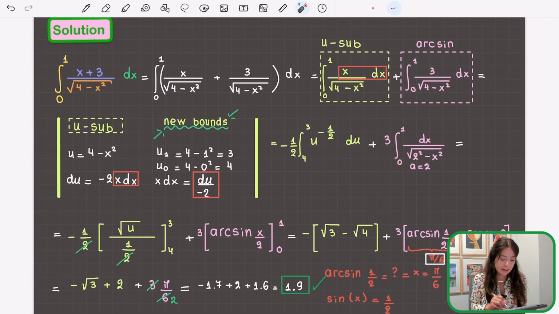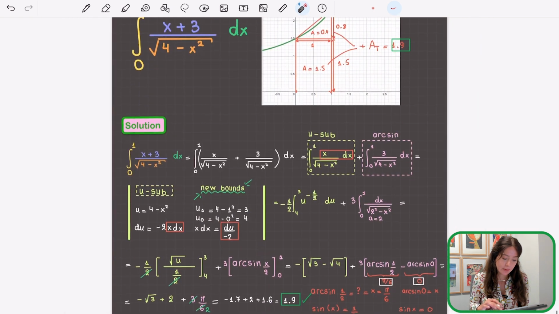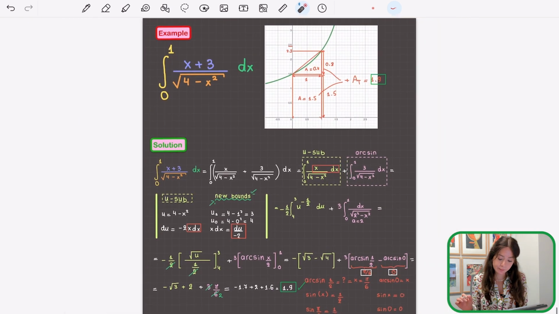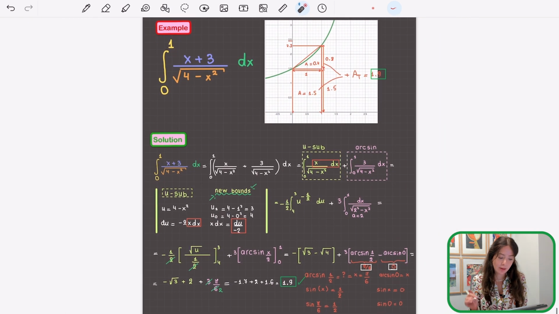But otherwise, both of these integrals are basic rules of integration, arcsine and u sub here, and power rule. Power rule is one of the basic rules for integration. And that is how you solve this definite integral. You can screenshot it if you want, but I will have the PDF down below as well.